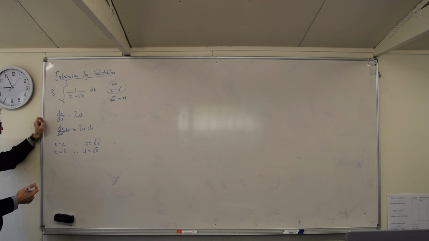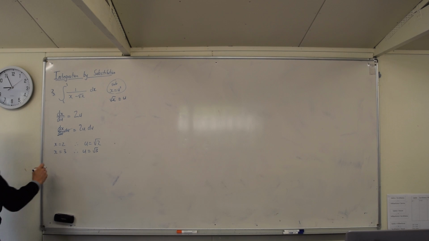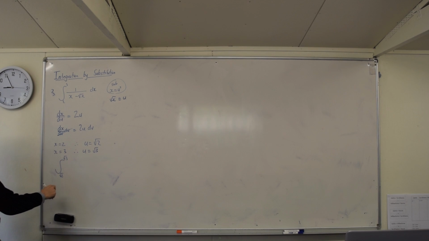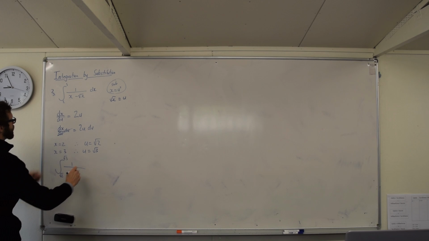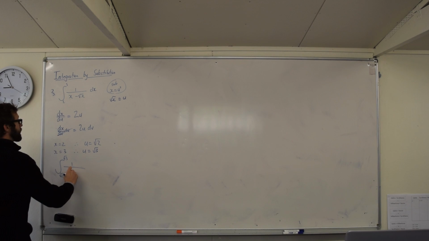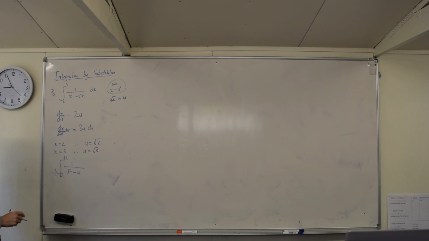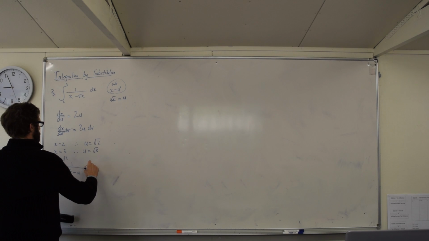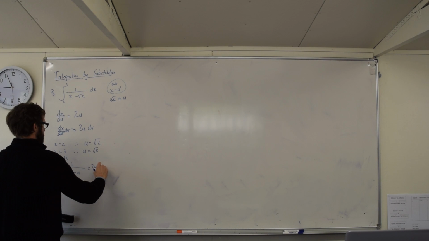Now, at this point, we're ready to put in our substitution. So we've got our new limits. The equation is 1 over u squared minus u, and then times 2u du.